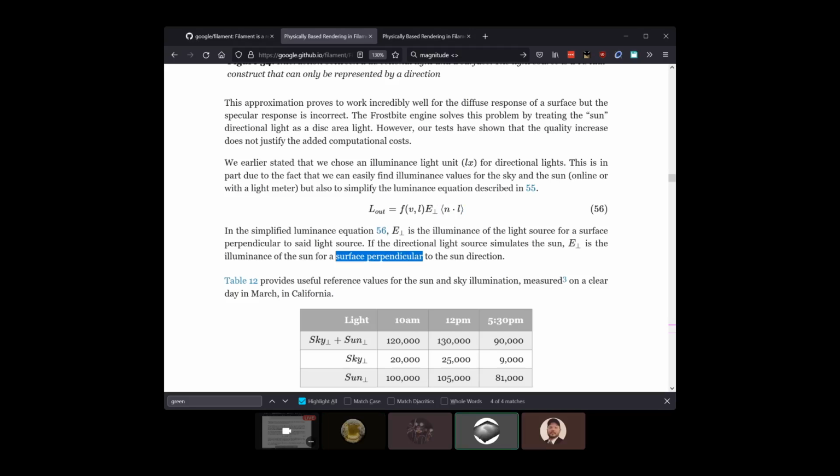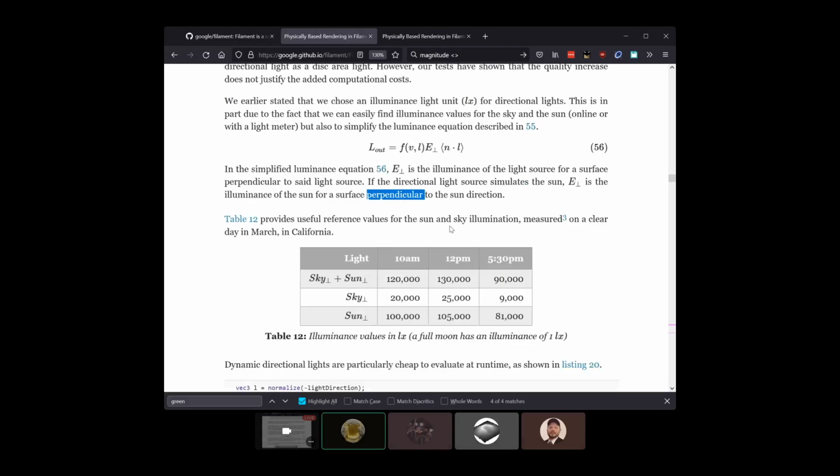Perpendicular to the sun direction. Okay. The whole perpendicular aspect is what's throwing me off. What aspect of it is throwing you off exactly?